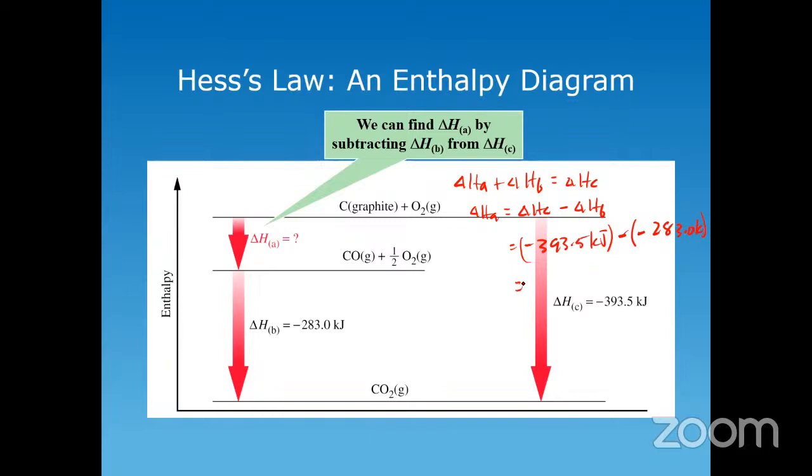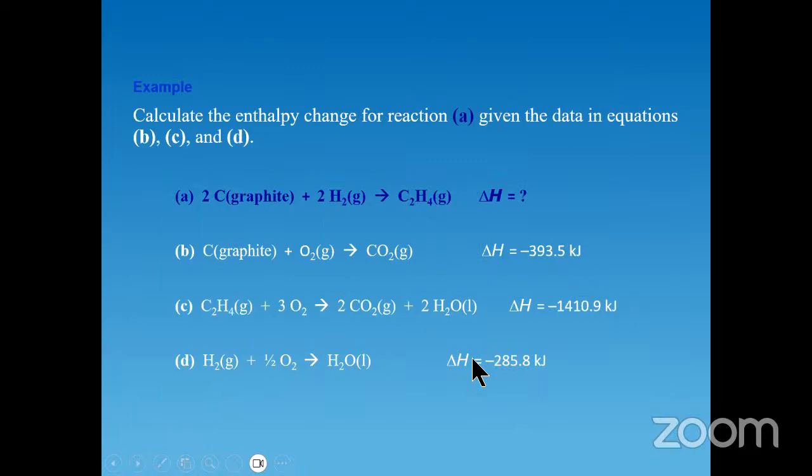All we have to do is the math, and that will give us the value of delta HA. All right, so without doing the reaction itself, but knowing the values of other related equations, we can calculate the enthalpy change of the reaction, which, for reasons that I mentioned, would be difficult to determine experimentally. All right, so that's basically what Hess's law is all about.